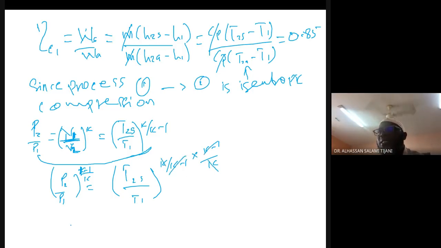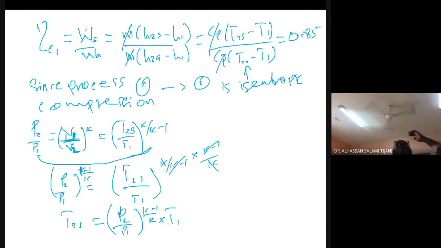So eventually, T2S equals the pressure ratio, P2 divided by P1, all raised to the power K minus 1 divided by K, times T1. Okay, so this is the situation.